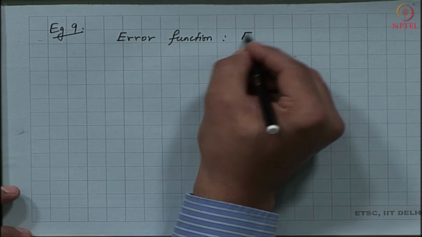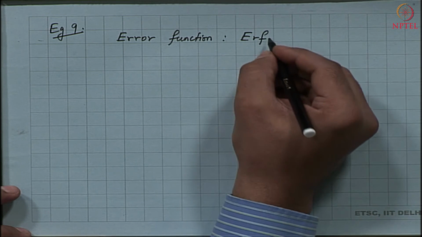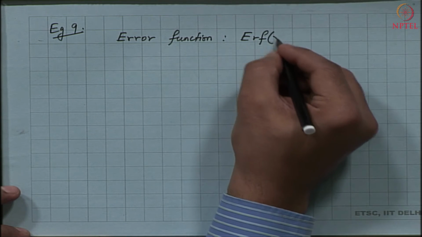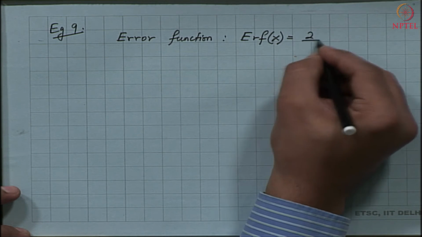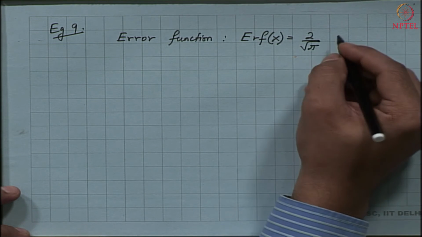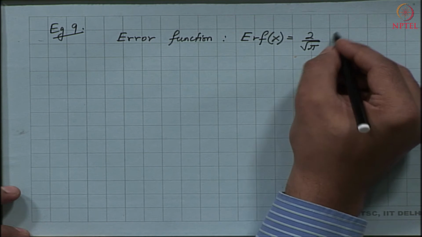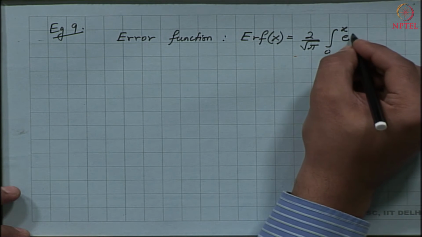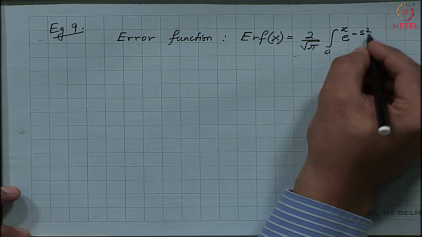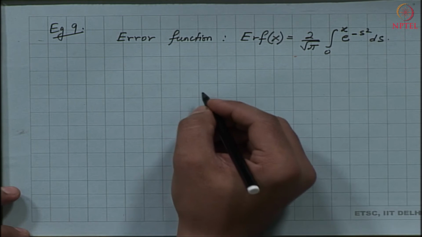Let me denote it as ERF of x. ERF of x is given by 2 by square root pi times the integral from 0 to x of e to the power minus s square ds.